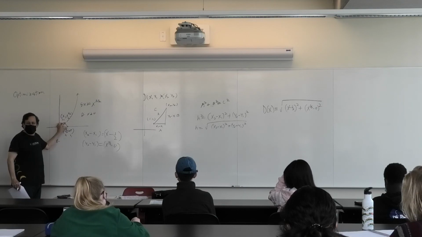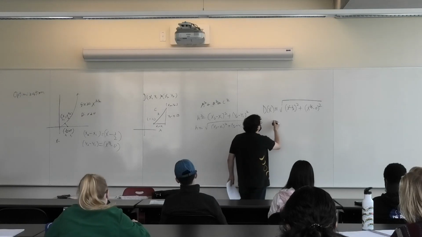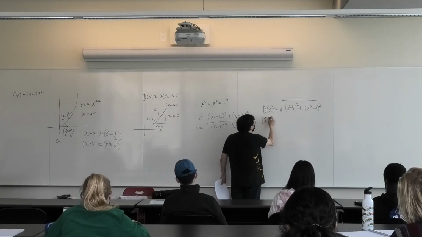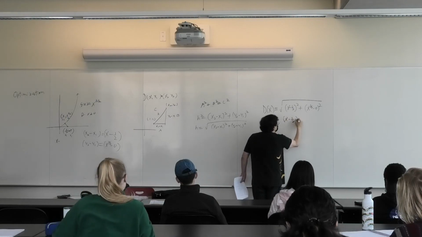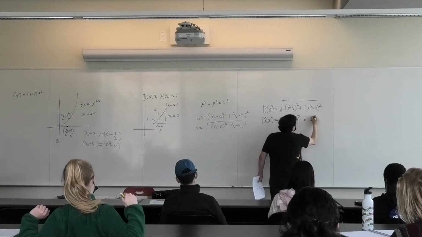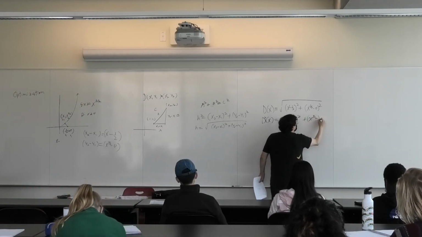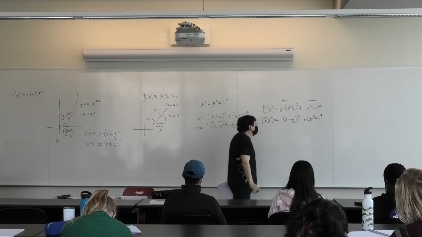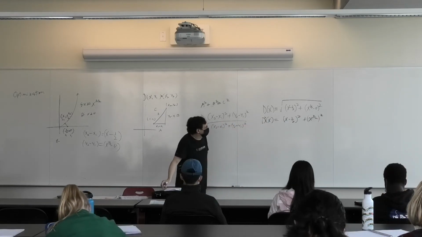I'll get the same thing. So we'll call it d squared of x, x minus 1/2 squared plus x to the 3/2 squared. And we'll try and minimize this, and it'll work as well.